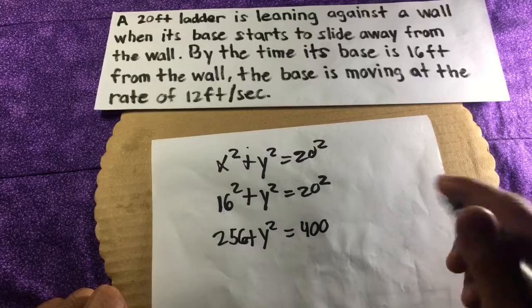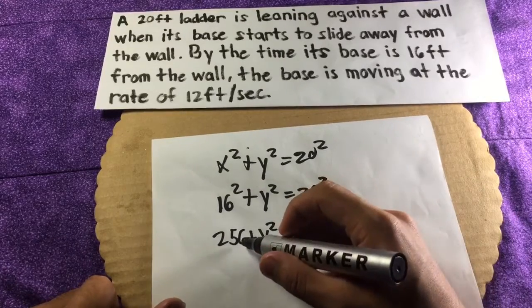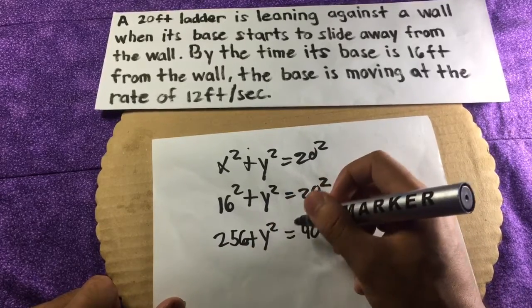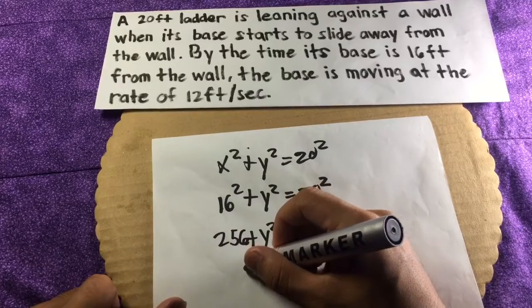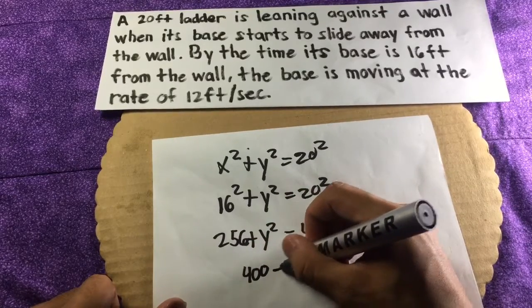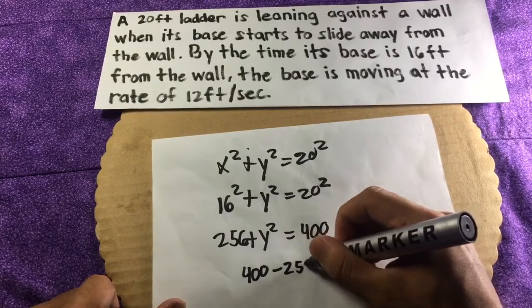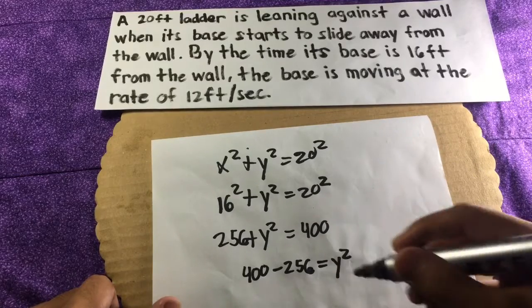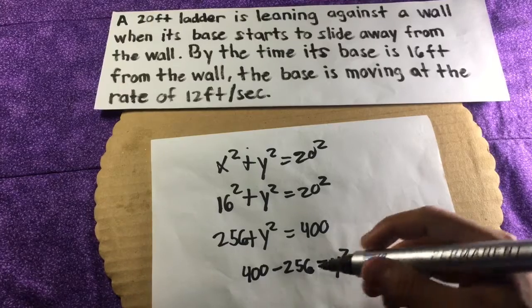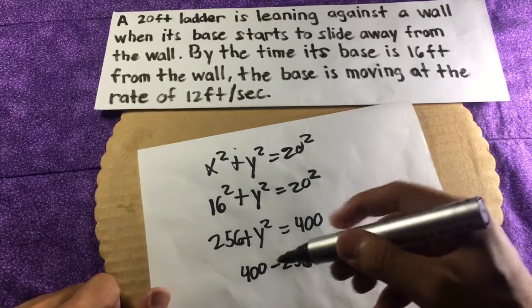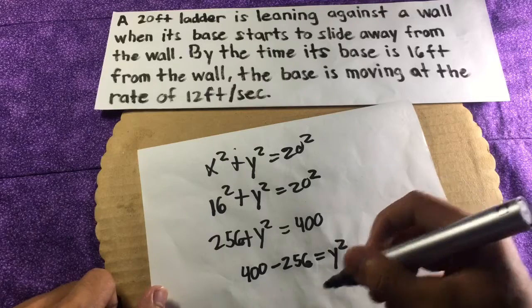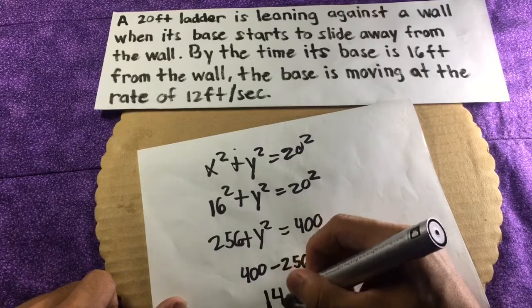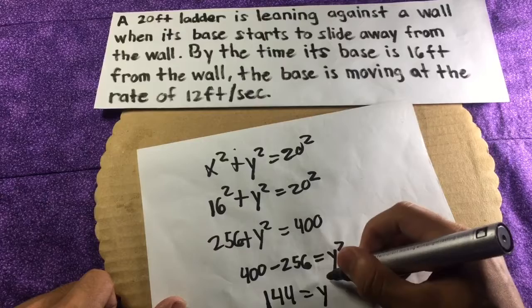To find y squared, we move this to the other side and subtract: 400 minus 256 is equal to y squared. The answer of 400 minus 256 is 144, equal to y squared.